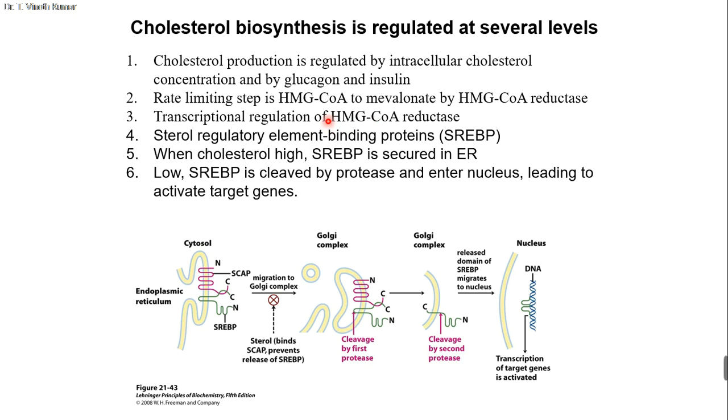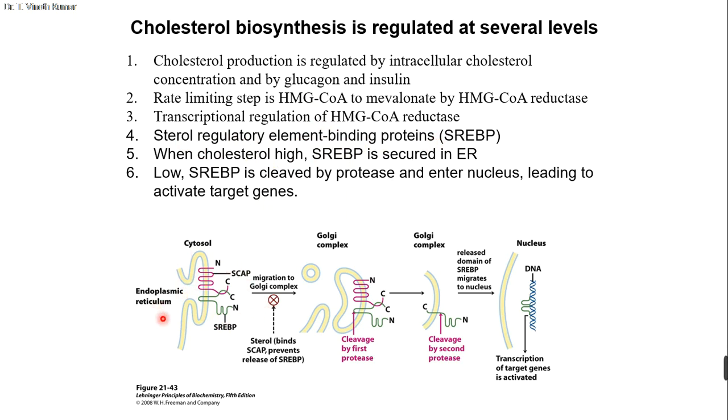Coming to the nucleic acid level, or the DNA level regulation, there are sterol regulatory element binding proteins. You can see here the cytosol and the endoplasmic reticulum. Within the endoplasmic reticulum there is a protein called SREBP, the sterol regulatory element binding protein.